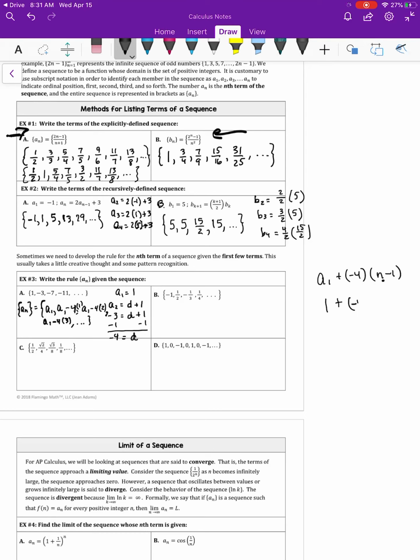For n equals 3, it would have been a sub 1 plus negative 4 times 2. So now what we're going to do, since we've got the pattern here, we're going to put our a sub 1 in, and we're going to simplify. So 1 minus 4n plus 4, so this is going to be 5 minus 4n. So our a sub n is 5 minus 4n.